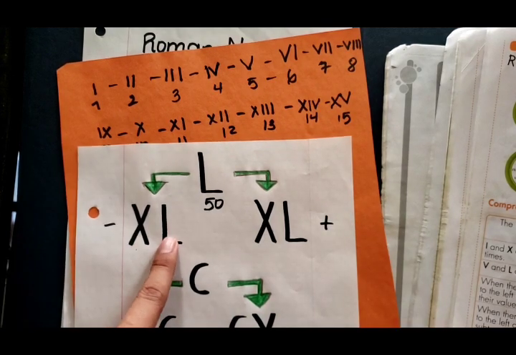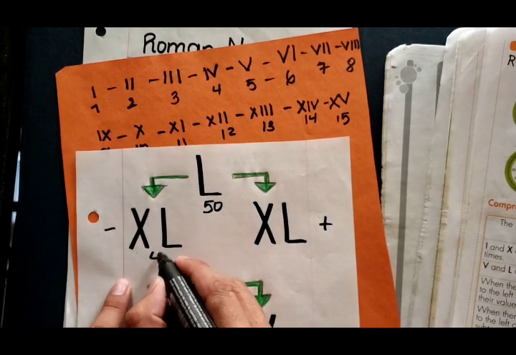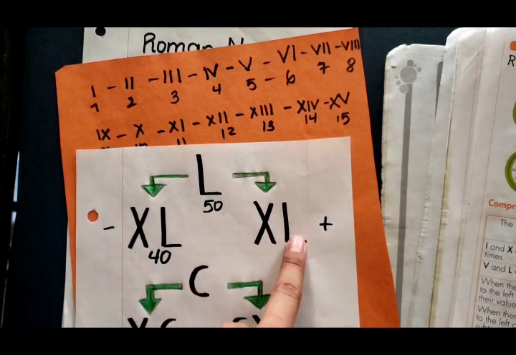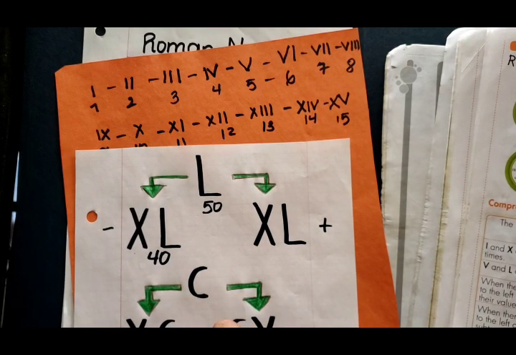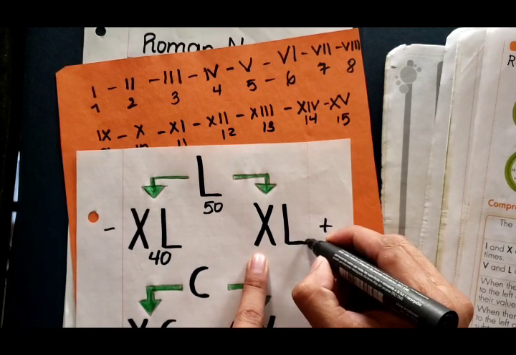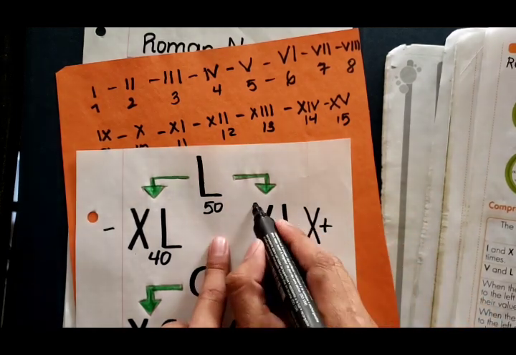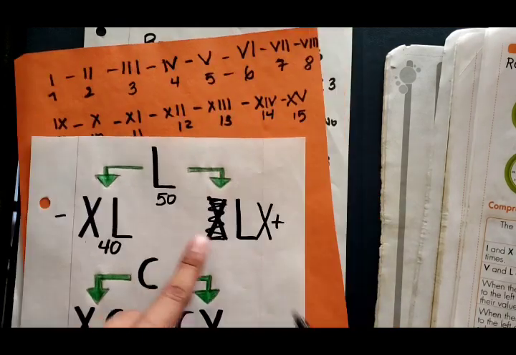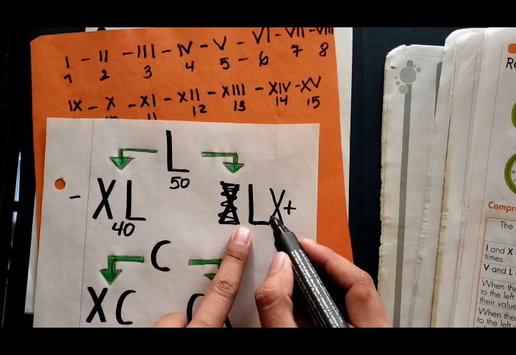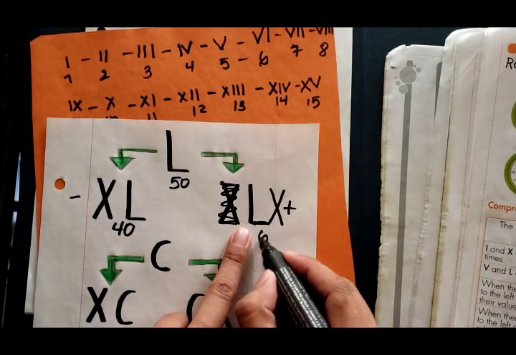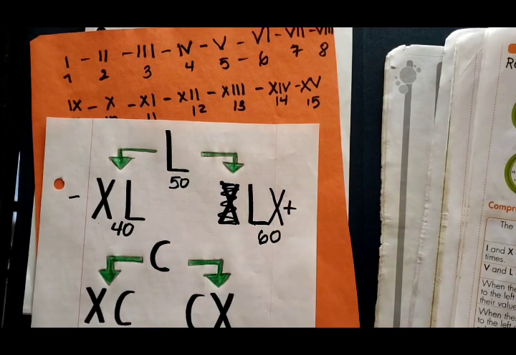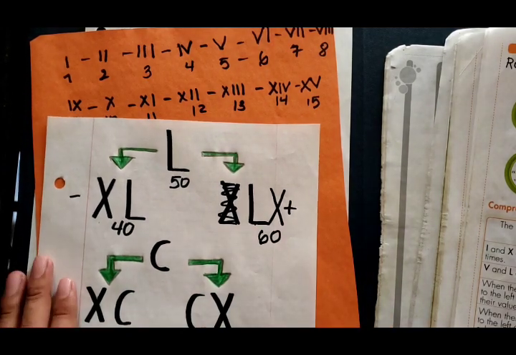So 50 minus 10 is 40. 50. I'm sorry, I made a mistake here. Oh my goodness, I have to write it after, right? Oh my gosh, I write it after. 50 plus 10, it is going to be 60. You see how you do it?